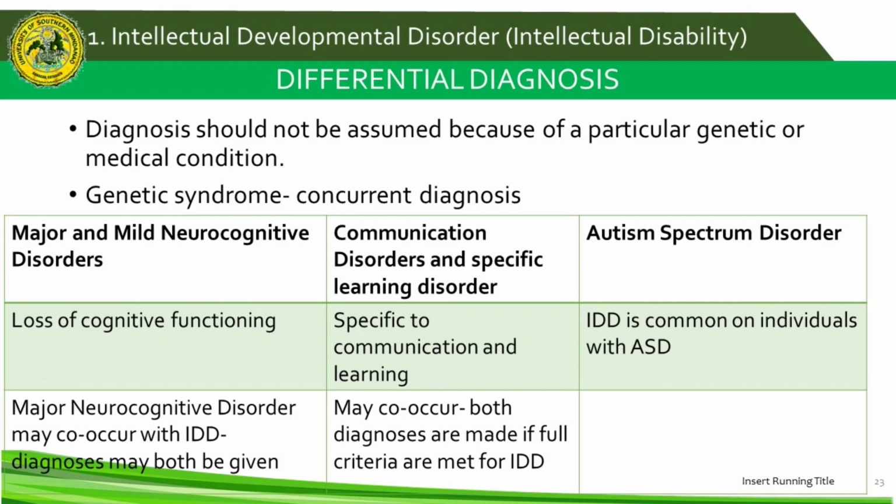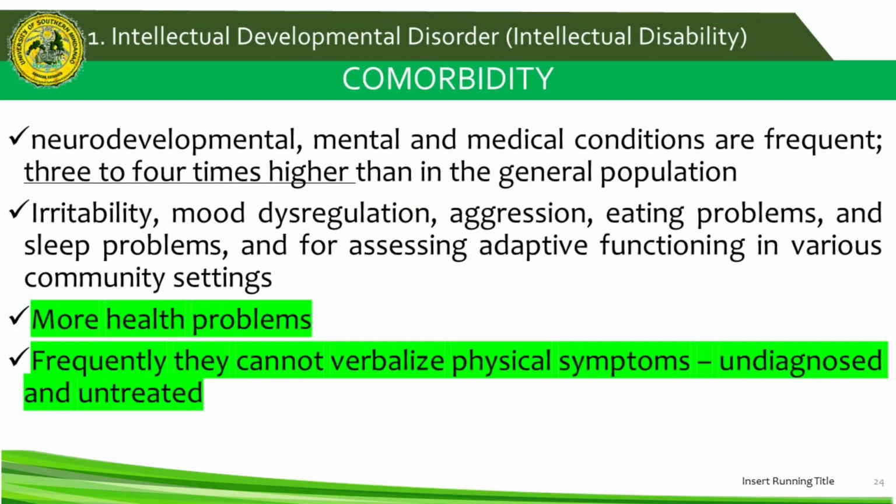Next, for the comorbidity. So neurodevelopmental and other mental and medical conditions are frequent in intellectual developmental disorder with rates of some conditions 3 to 4 times higher than in the general population.